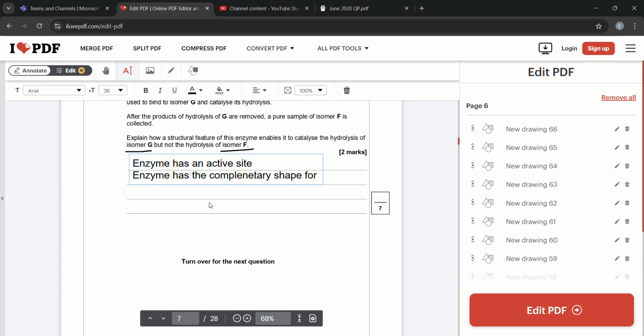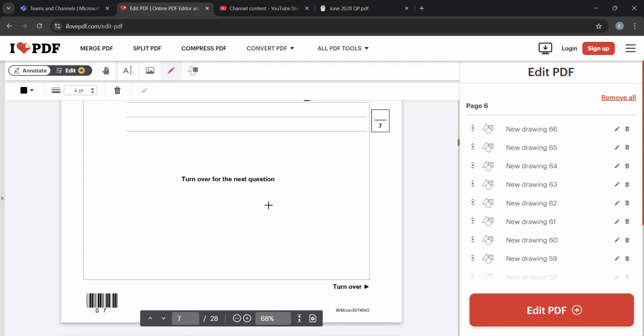We'll just say the enzyme has a complementary shape, because we already know it catalyzes hydrolysis for isomer G but not hydrolysis for isomer F. It just wants us to explain the feature of it. Well, the enzyme has an active site for one mark, and then the enzyme has the complementary shape for another mark. And that's the end of question 2.